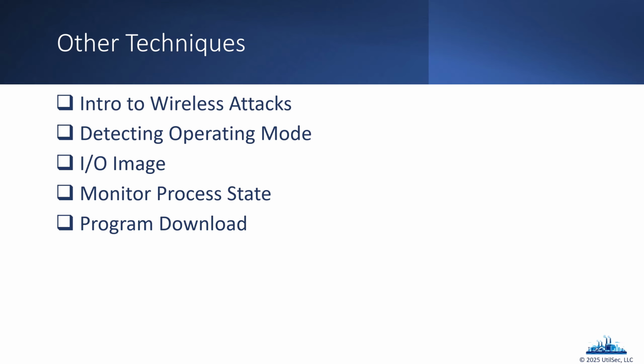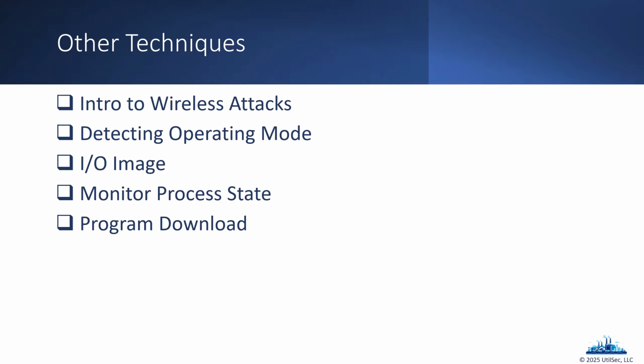And then we can also talk about program download. What this actually means is, OT and ICS get a little, they use different terms than we have in, let's say, the IT world. So when you say program download, what they mean is we're going to put new PLC programming logic on a controller, on a PLC.